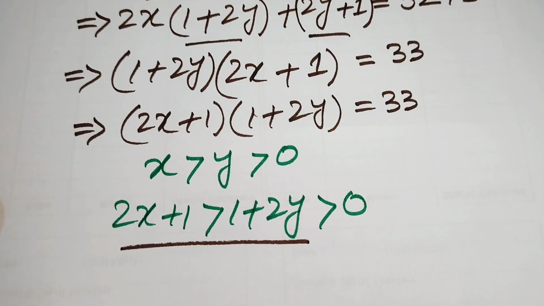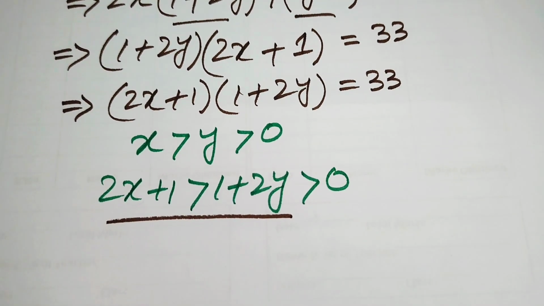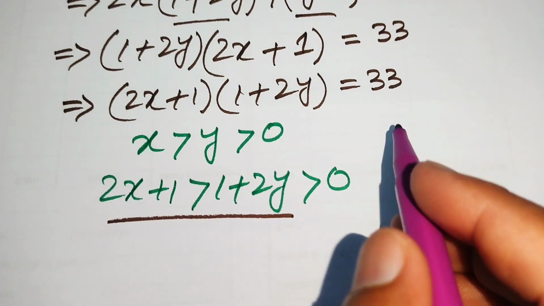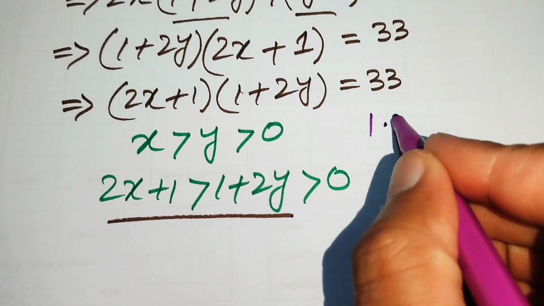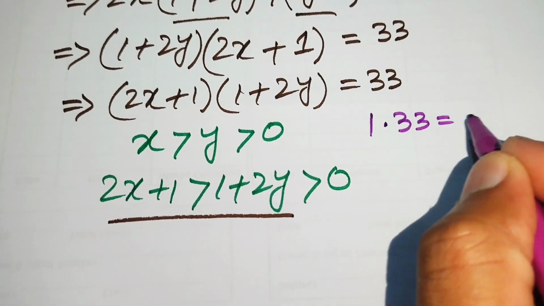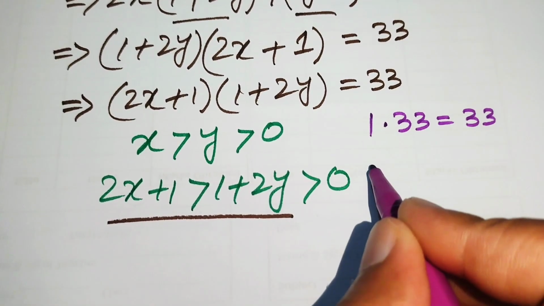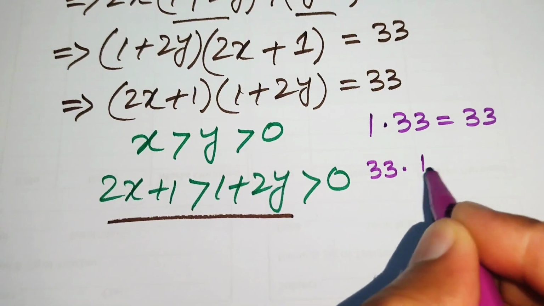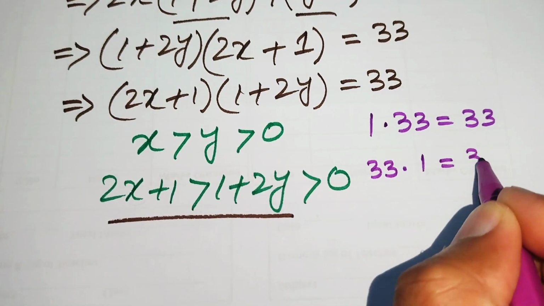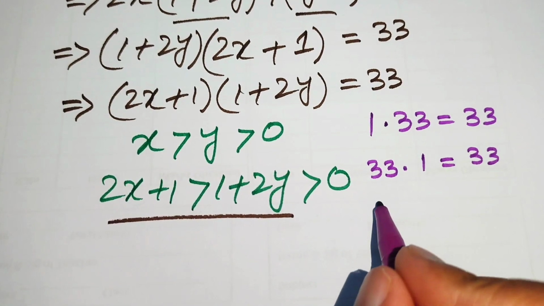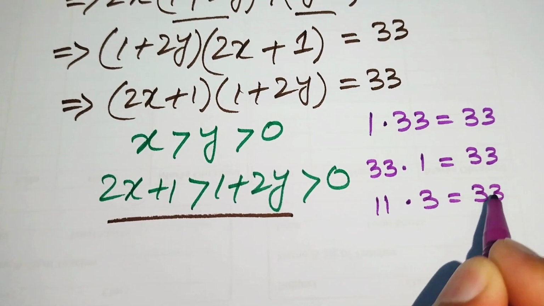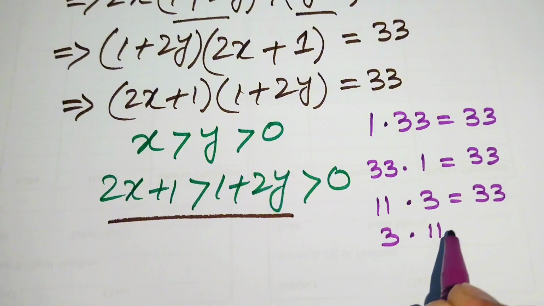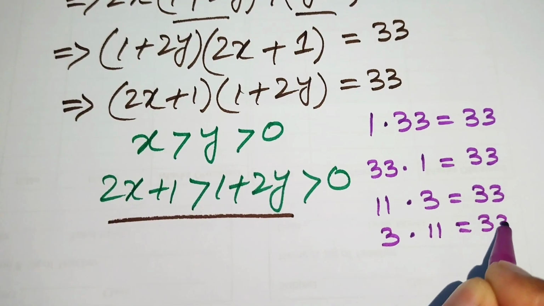First we find the possibilities in which the product of two numbers is 33. We have 1 times 33 equals 33, 33 times 1 is also 33, 11 times 3 is 33, and 3 times 11 is also 33.